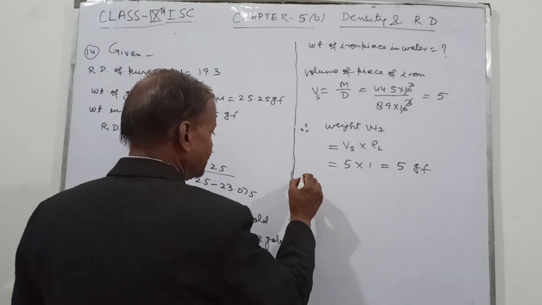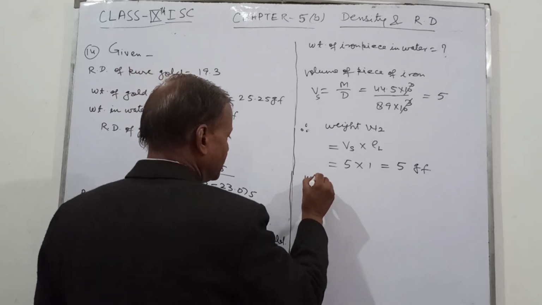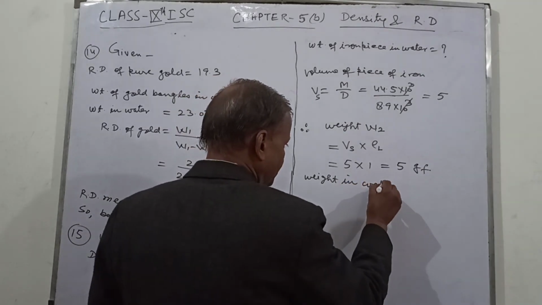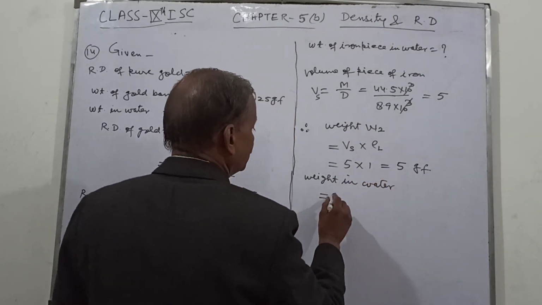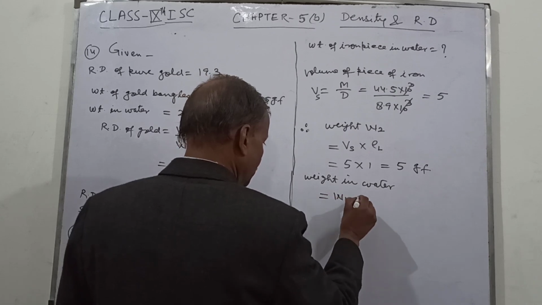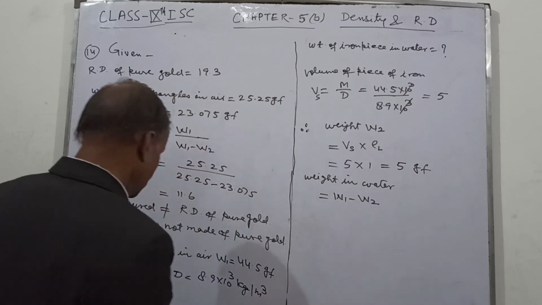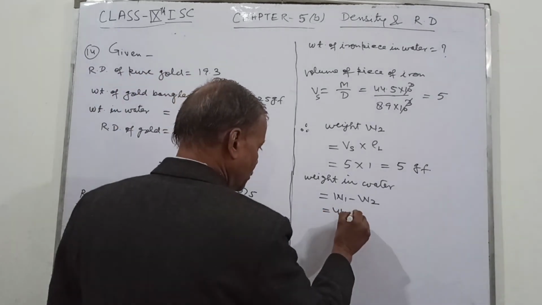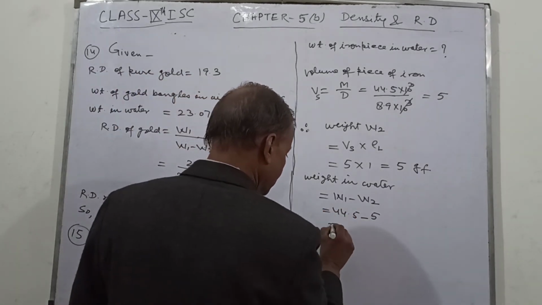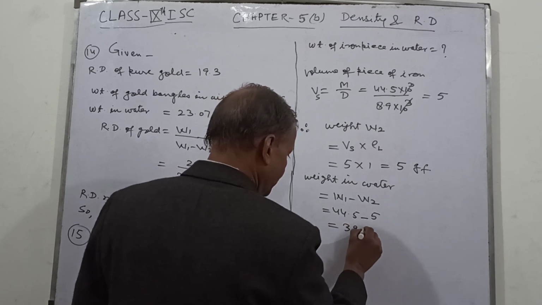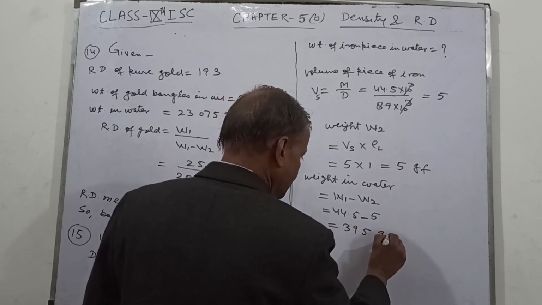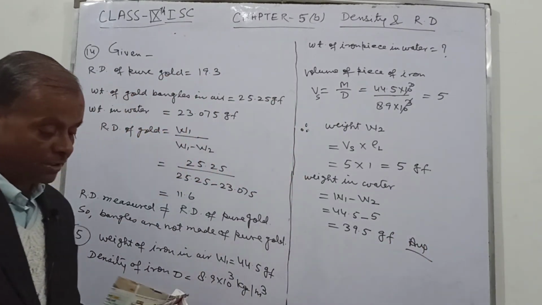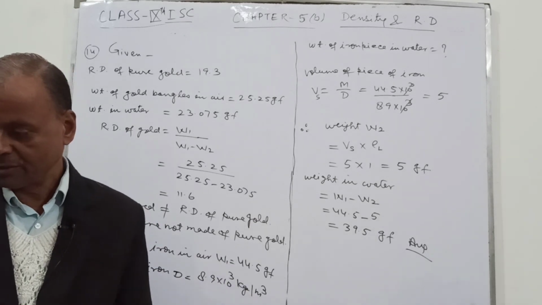So upthrust, the weight in water, is equal to W1 minus W2. This W1 is given to be 44.5 minus 5. So this is now your 39.5 gram force. This is the answer. This is question number 15 of this chapter.